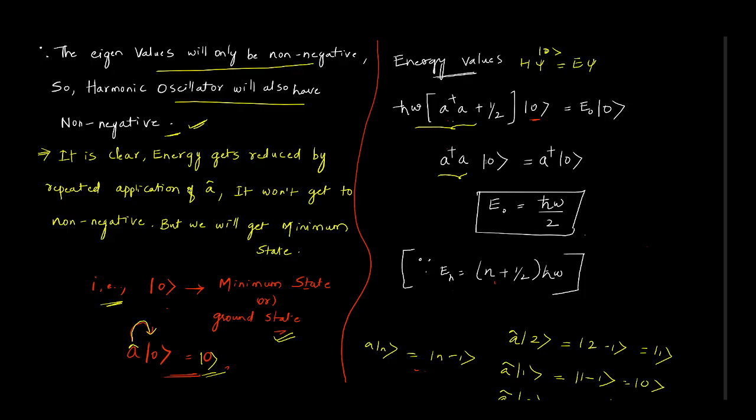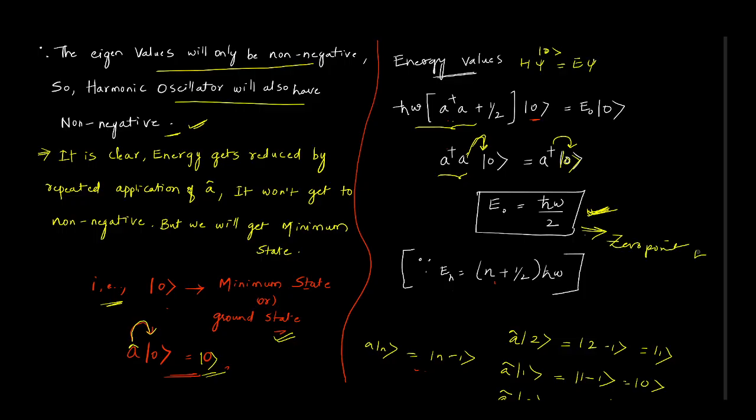So a dagger a applied on the 0 state will give a dagger times 0, because after the application of a onto 0 it will give 0 state, isn't it? So we get H cross omega by 2. This is the minimum energy we can say, the zero point energy.